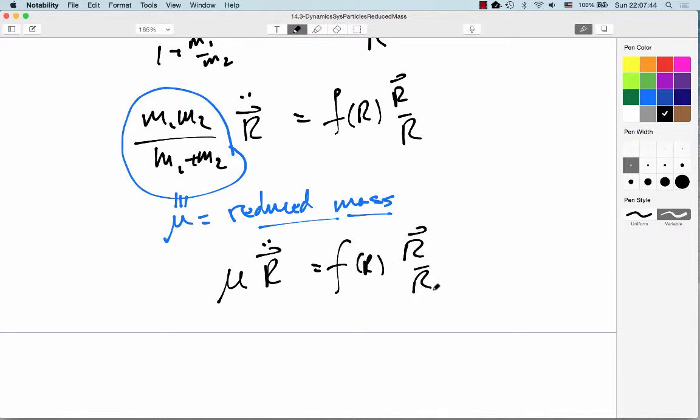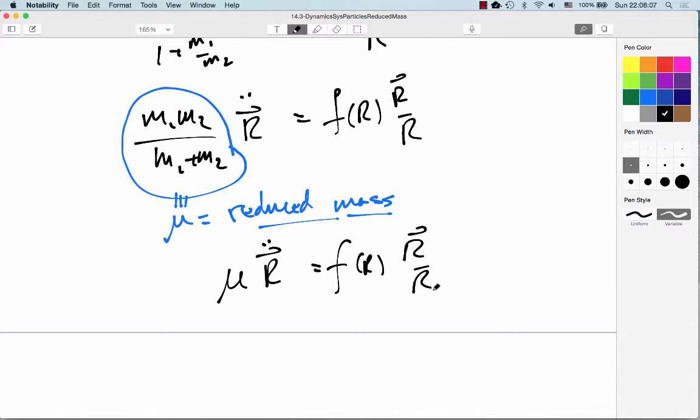Now we should ask ourselves, what does this mean? So we had been pretending that the big mass was glued down, and now that we're letting that go, we can still say that from the perspective of an observer on the big mass, we were almost right to pretend that the big mass was glued down.